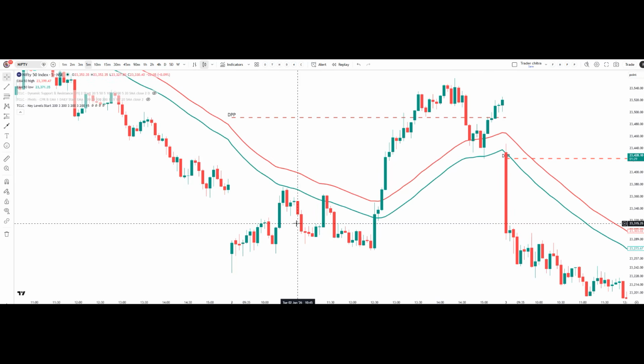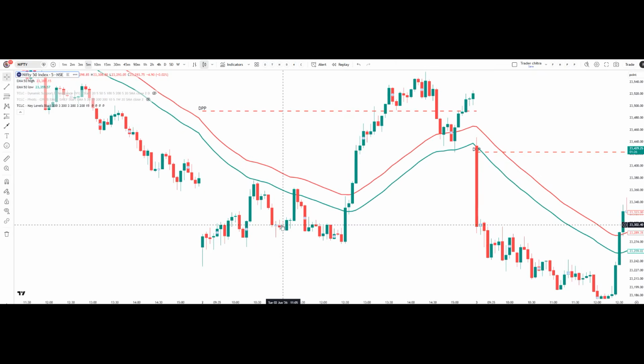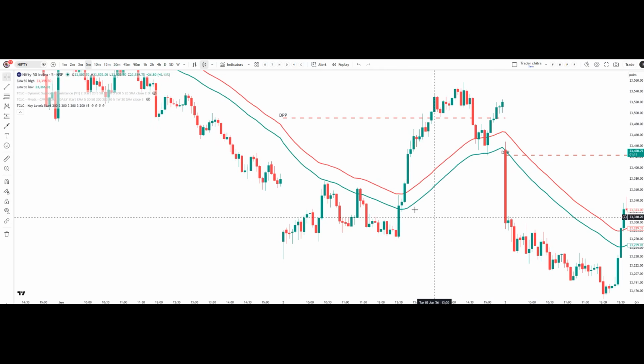Here in this day we can see that there is a gap down, and after that we can see a particular red candle. That is because this moving average or this channel will act as the support and resistance. You can use this as a support and resistance when you are entering into the trade. We can see a strong rejection candle from the particular moving average, and after that a fall from that level.